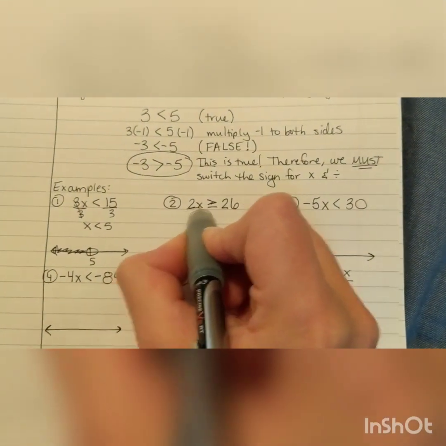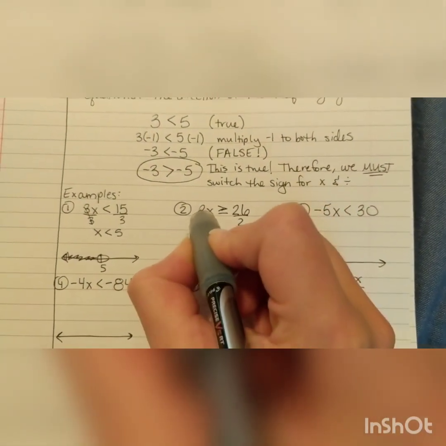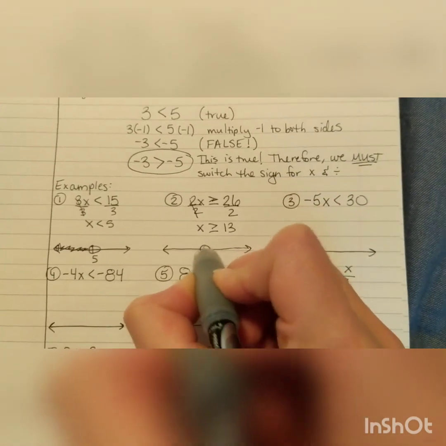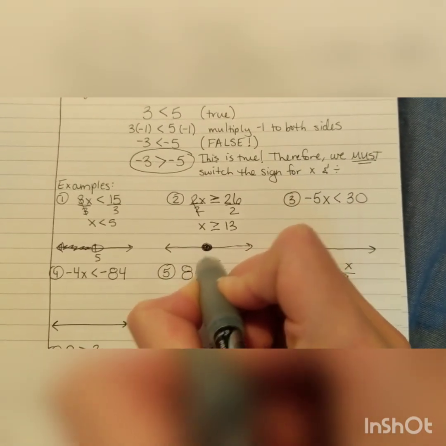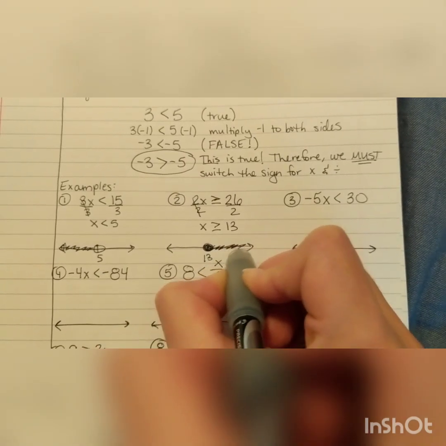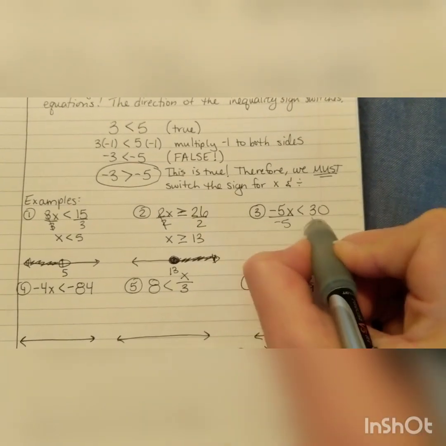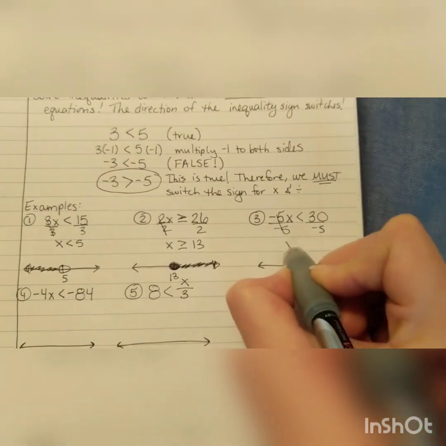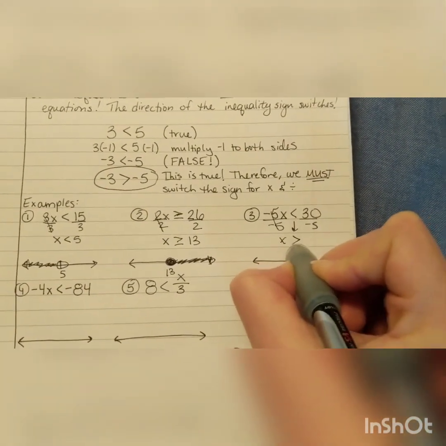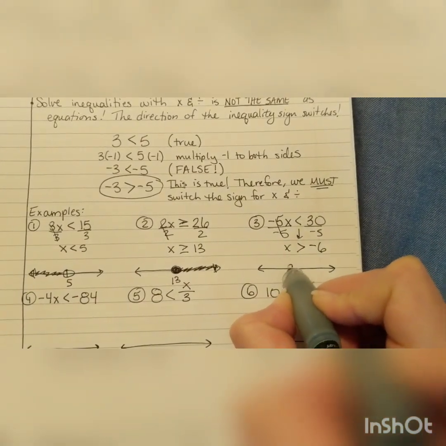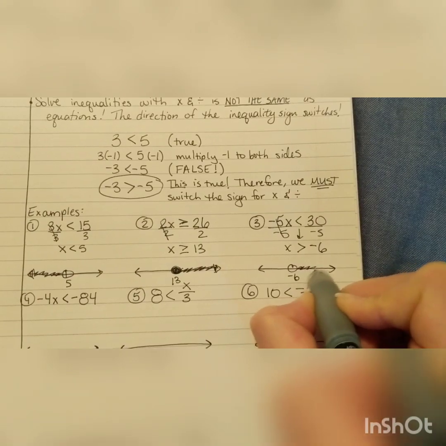Identify this as multiplication, so I'm going to divide by a +2, therefore my sign does not switch. I have a closed circle at 13 pointing to the right. This one, I divide by a -5, which means that has to switch to get my -6. So I have an open circle at -6 pointing to the right.